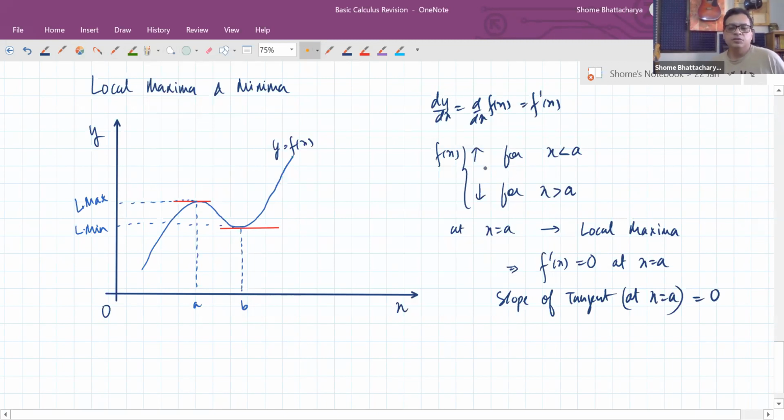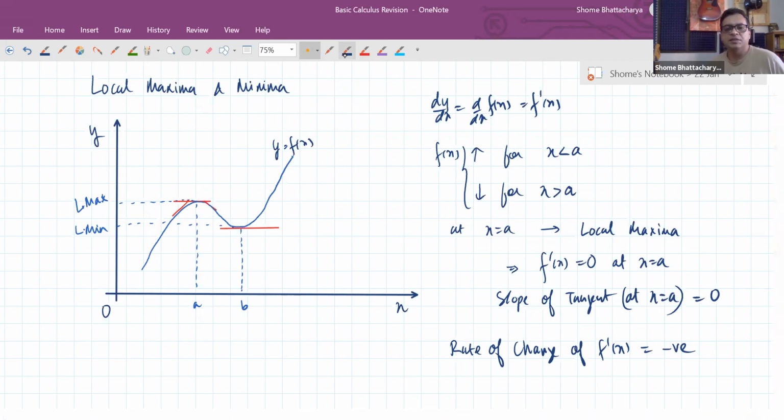But what will also happen is, because the function is going from a nature of increasing to decreasing, the second derivative, or the rate of change of the derivative, that is f prime x, will be what kind of a quantity? It will be negative, because it's going from positive to 0 to negative. The slope of the tangent was positive just before a, it's 0 at a, and then it's negative just after a. So the derivative function f prime x has a decreasing nature. Rate of change of f prime x is negative.